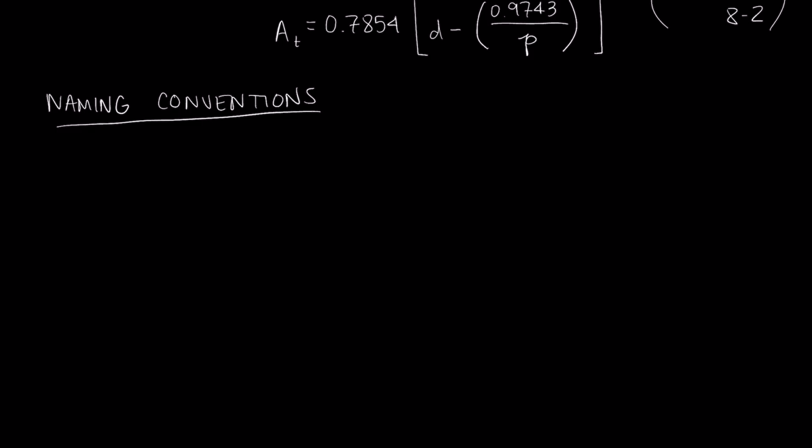So we have two different naming conventions depending on if you're working in US units, US customary, or SI units. In US customary units, we use the Unified National System.